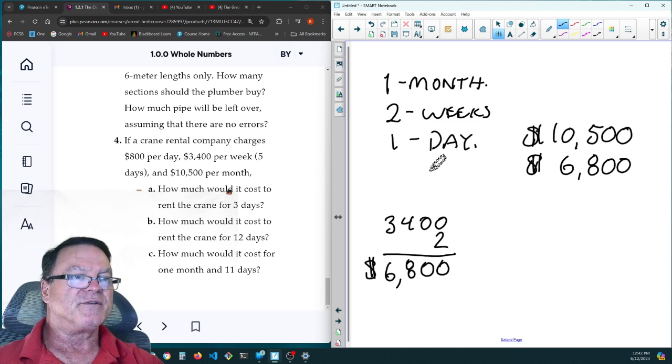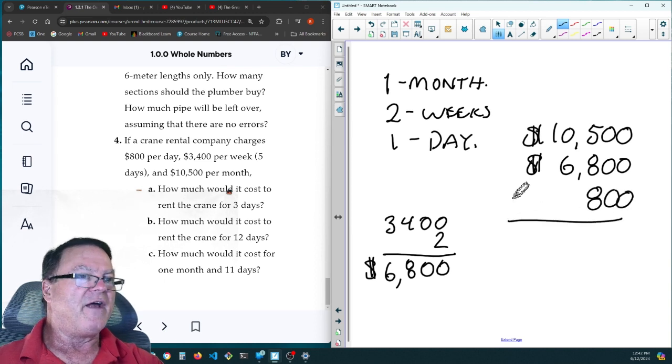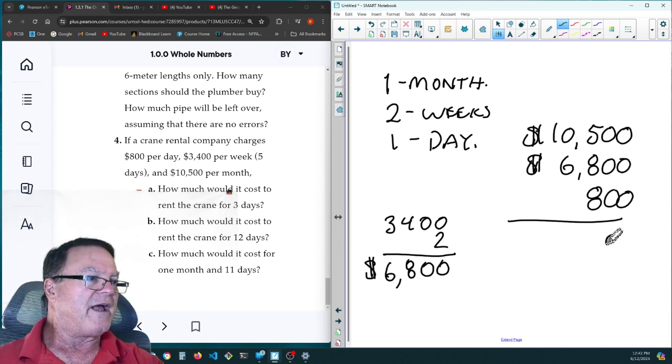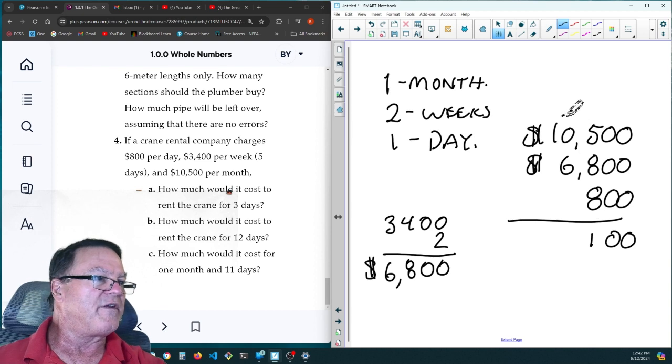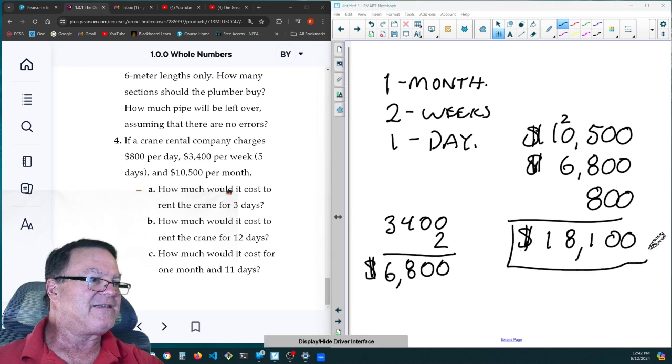And then 1 additional day is an additional $800 for that 1 day. And that's how much it would cost to rent the crane for 1 month and 11 days. Add all of these up. And 8 and 8 is 16, and 5 is 21. Carry the 2. 6 plus 2 is 8. And the 1 is all by itself. So it would cost a grand total of $18,100.